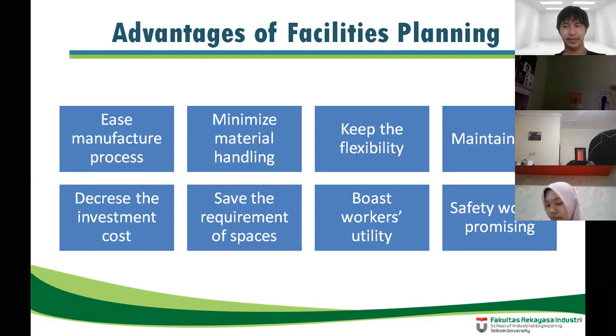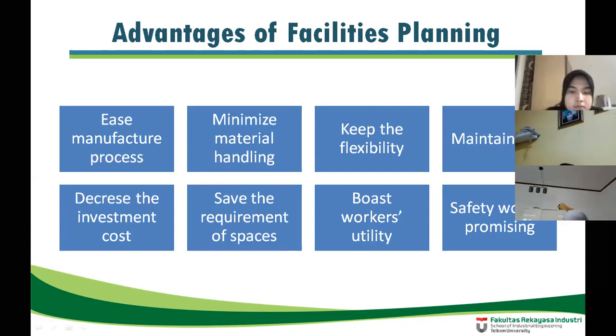So the factory should keep the flexibility. It means they have to adapt to the huge amount of demand. So if you face a high demand, your factory will accommodate that situation. So these are the goals of keeping the flexibility.